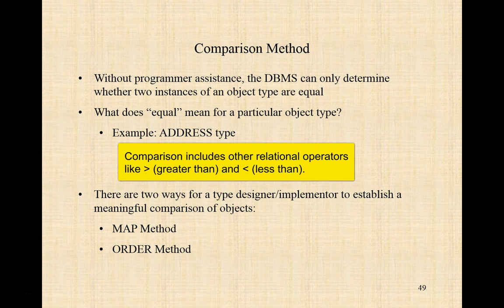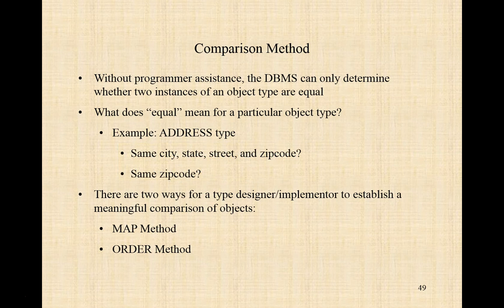Furthermore, we also need to consider, with respect to comparison, other relational operators like greater than and less than. First, are they meaningful or relevant for our object type? For example, does it make sense to say that one address is greater than another address? To answer this question, we have to consider details of the application domain.